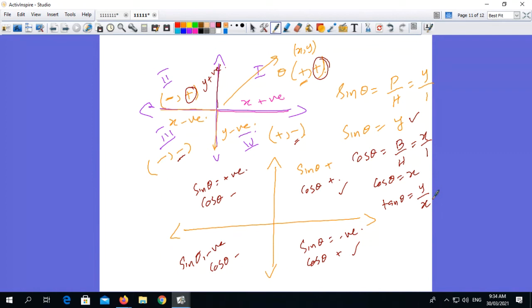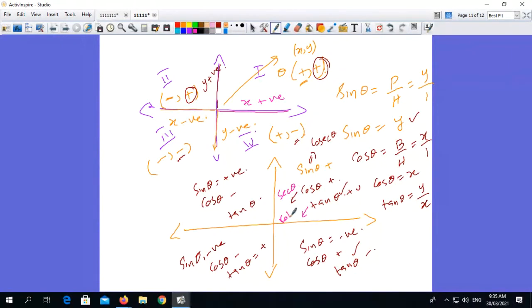If both the signs of y and x are positive, then tan is positive. If both are negative, then tan is also positive. In the first and third quadrants tan is positive, but in the remaining two quadrants tan is negative. The reciprocal of sin is cosecant theta, so cosecant is positive where sin is positive, and the reciprocal of cos theta is secant theta.